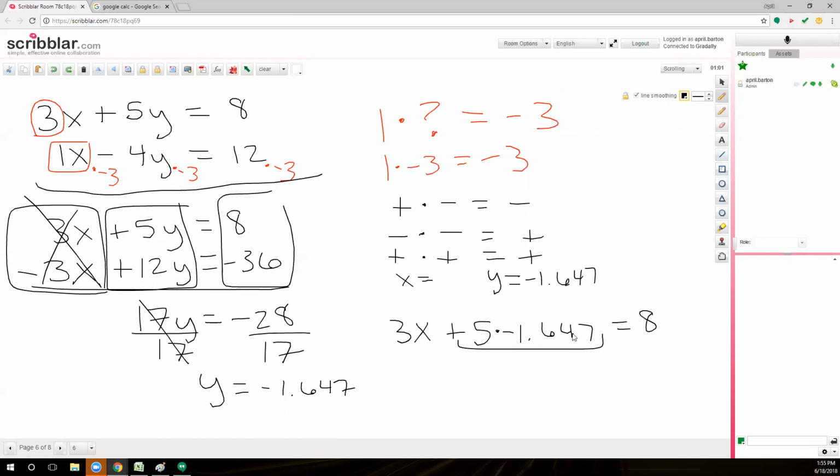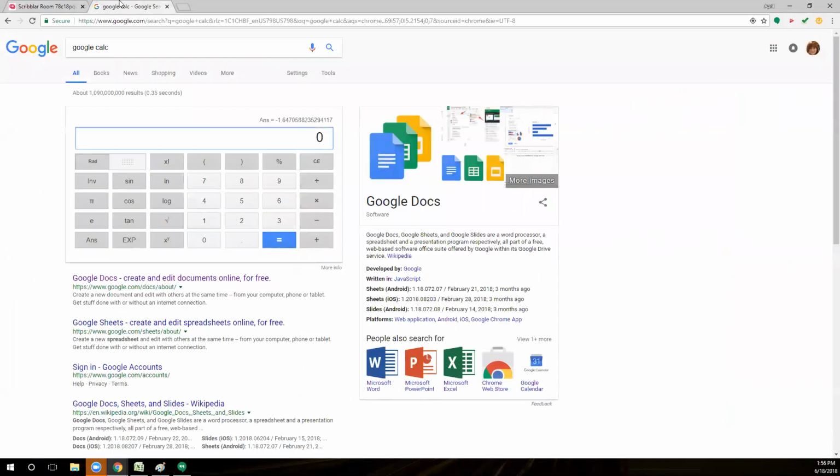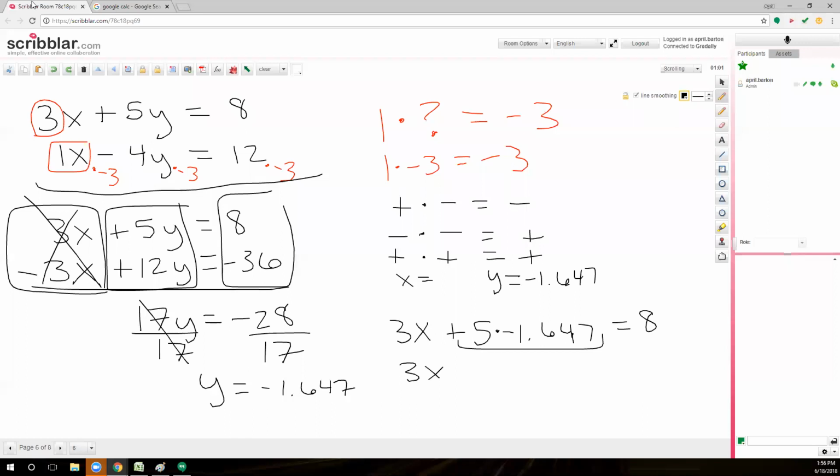We simplify this multiplication part. 5 times -1.647 is -8.235. Since the answer came out negative, I don't need a plus sign anymore. We just use that minus sign. And now we just do opposites again. What's our first opposite we should do?